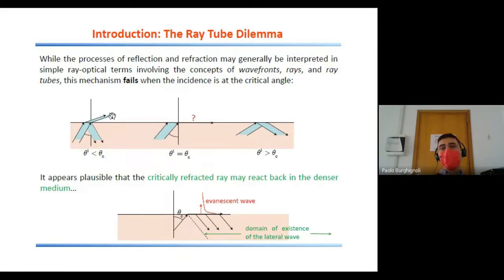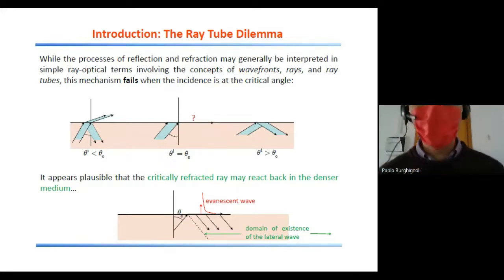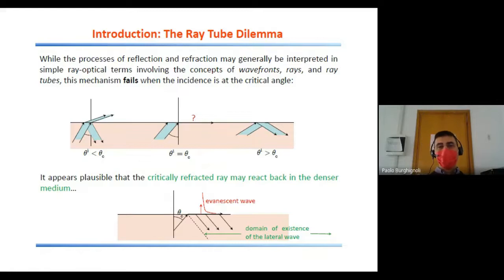So this is one of those situations in which geometrical optics fails, because it does not ensure a basic property like conservation of energy. Now, it is plausible, however, that the critically refracted ray, that is the evanescent wave that propagates grazing to the interface, may in some way react back in the denser medium, so as to produce some kind of wave that is the so-called lateral wave.